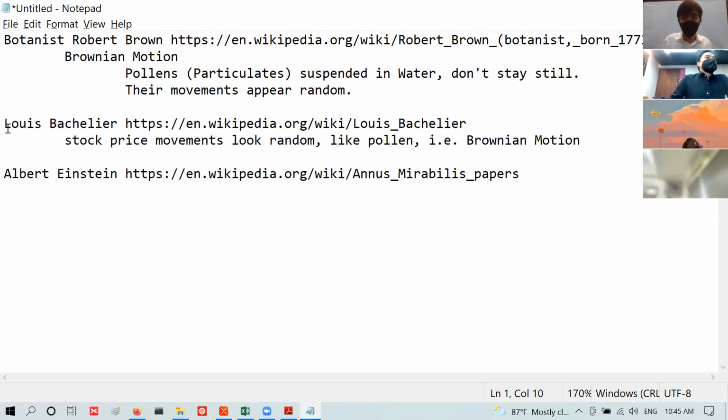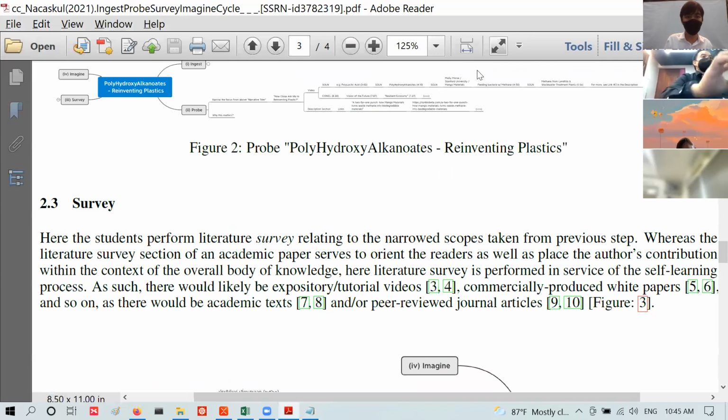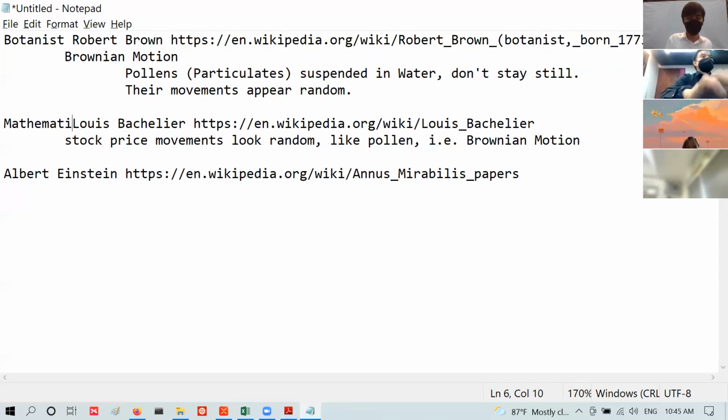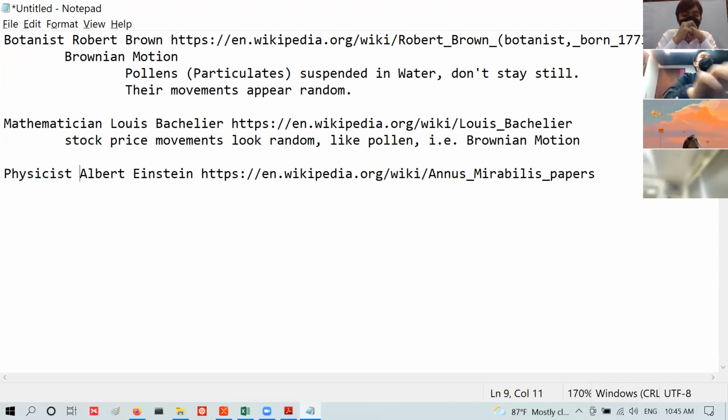This guy, let's say, is a mathematician at heart. But his observation here is not about mathematical objects, it's about financial objects. So I'm just going to put mathematician and then physicist. So we got physics, botany, and mathematics, in particular financial mathematics.